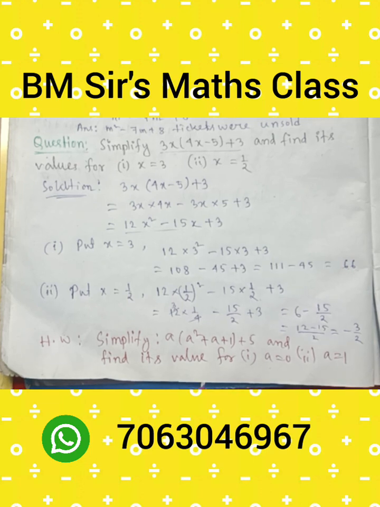So at first you will simplify these given terms, then put the value for a equal to 0 and a equal to 1, and comment to me the answer related to a equal to 0 and a equal to 1.